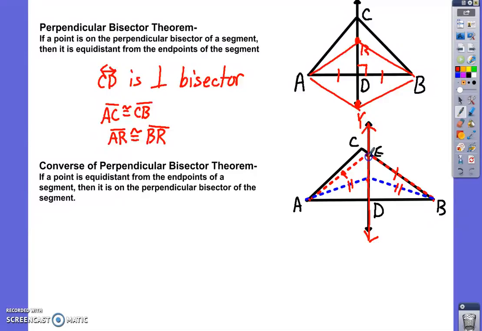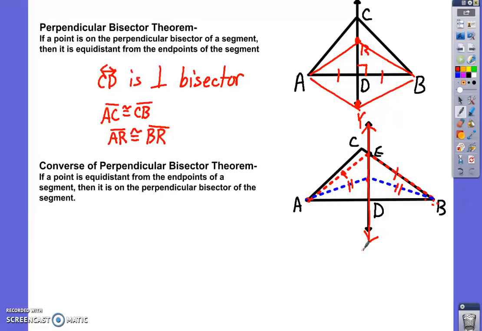If points that I pick on this are equidistant to the endpoints, this is congruent to this is congruent to this, then this line has to be a perpendicular bisector. That's what the converse of the perpendicular bisector theorem says.